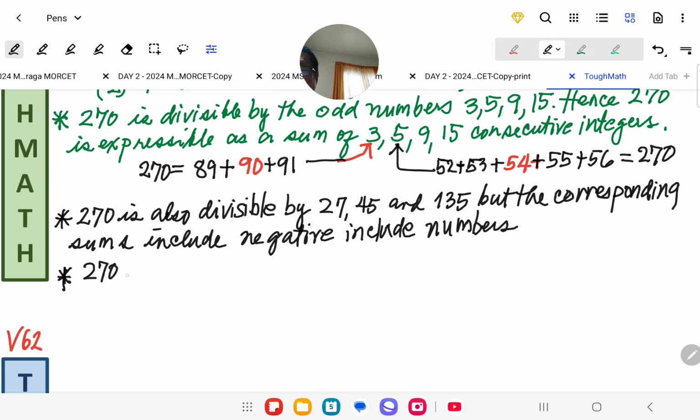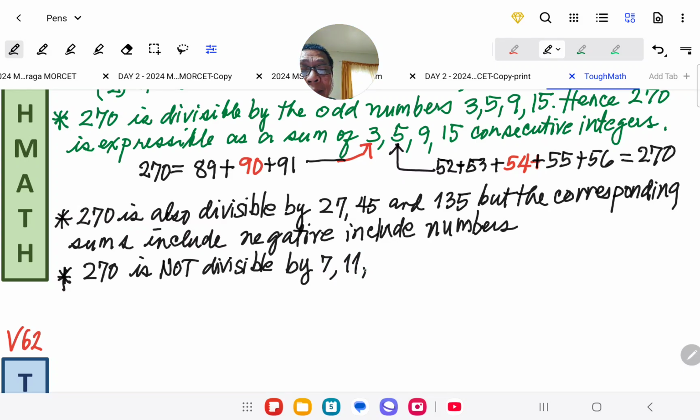270 is not divisible by 7, by 11, by 13, by 17, by 19, by 21, by 23, 25, and so on.